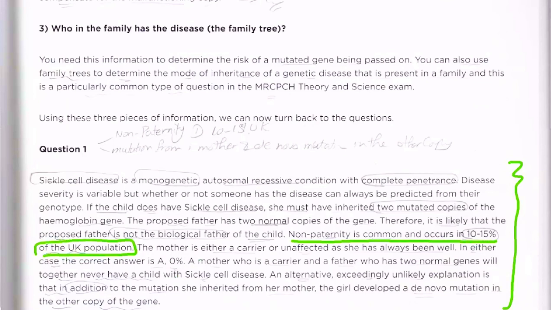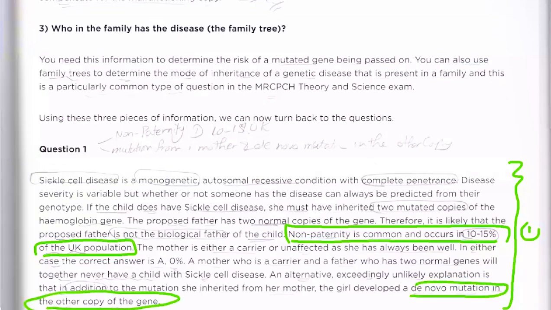Another point is that this baby may have a de novo mutation, where the mother is normal, father is normal, and this baby may have a de novo mutation.